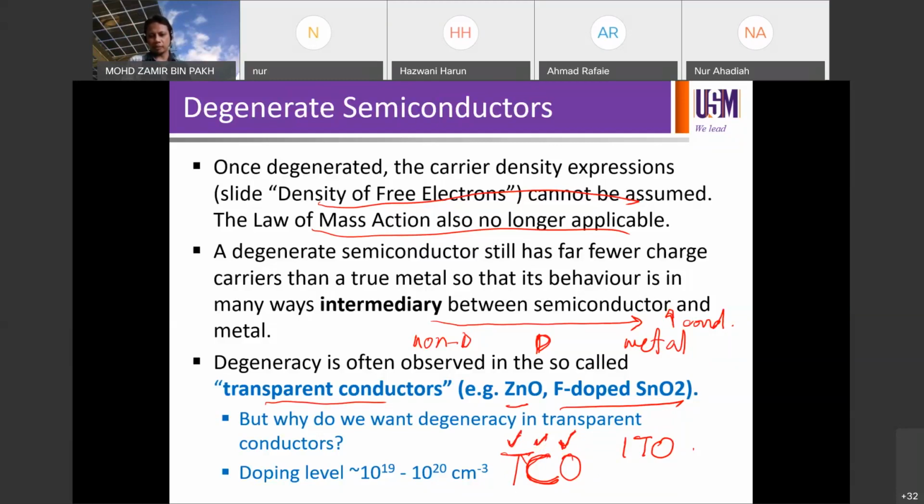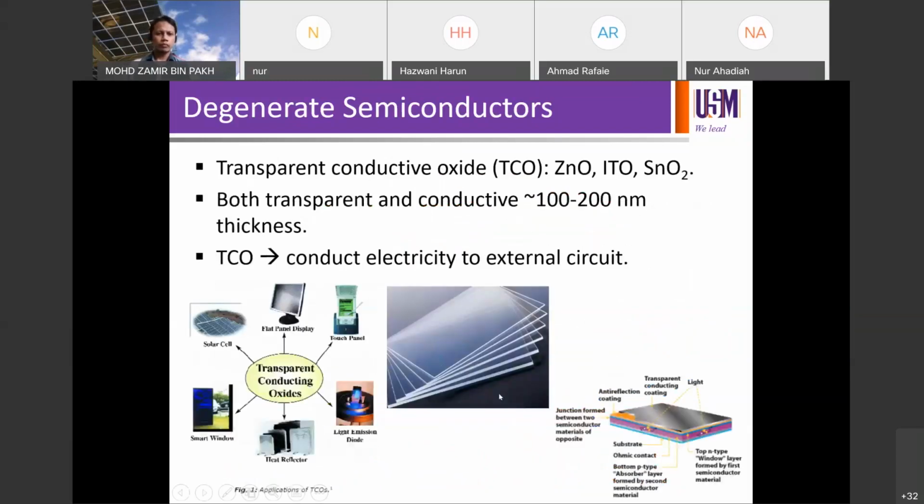We have many examples of TCO, like ITO, TiO2, and many more. If you look at the doping level inside TCO or transparent conductors like this, the doping level is typically around 10 to the 19 to 10 to the 20 per centimeter cubed.